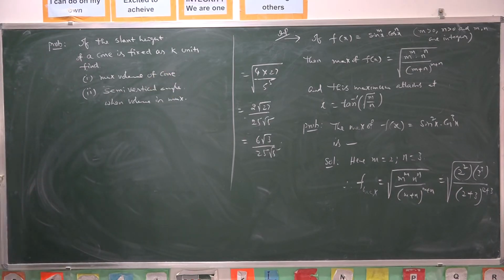Once the volume is maximum, you have to find the semi-vertical angle as well as the maximum volume of the cone for the given slant height. That is the question here.